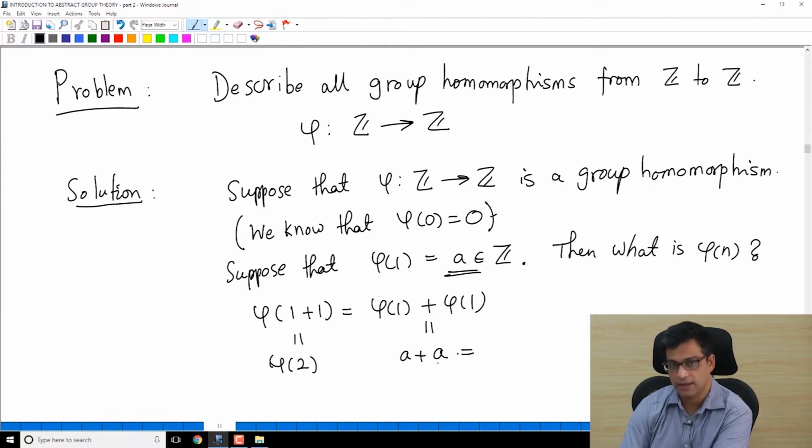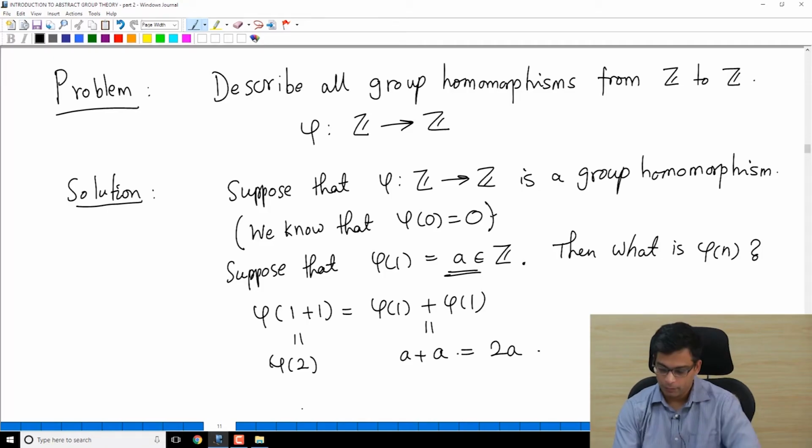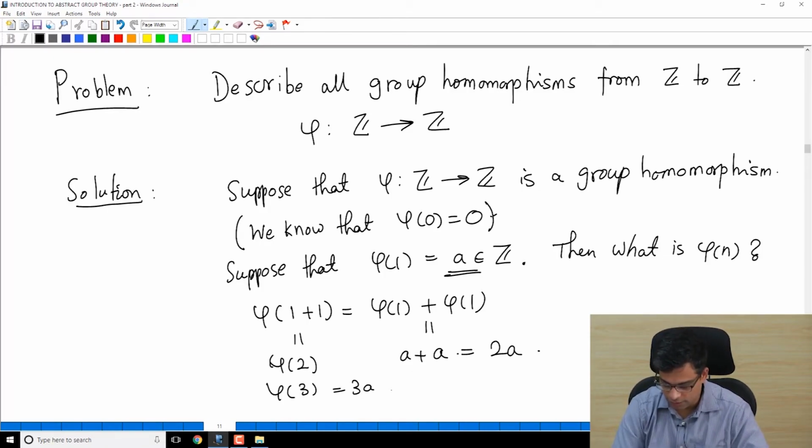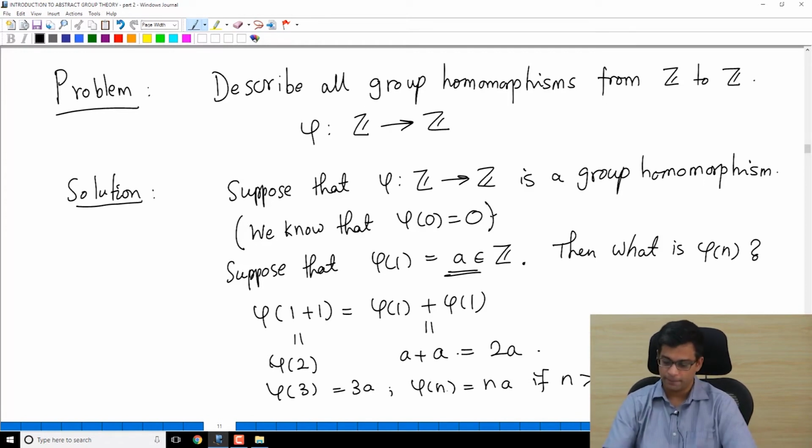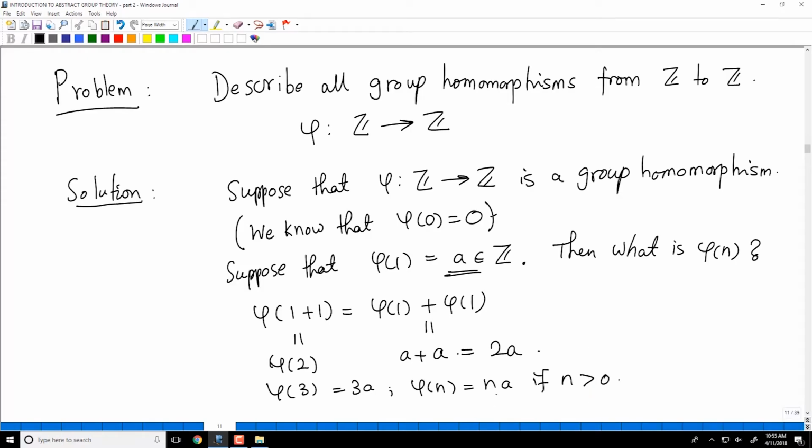What is a plus a? a is an integer, so this is just 2a. So phi of 2 is 2a. What is phi of 3? 3a. The same reasoning. So in general, phi of n is na if n is positive, right? Because phi of 1 is a, phi of 2 is 2a, phi of 3 is 3a, phi of 4 is a plus a plus a plus a, 4a, and so on.